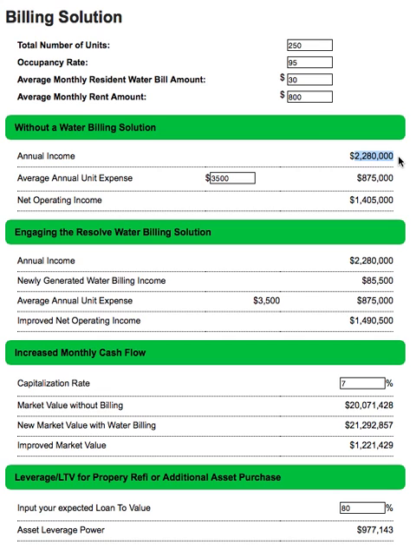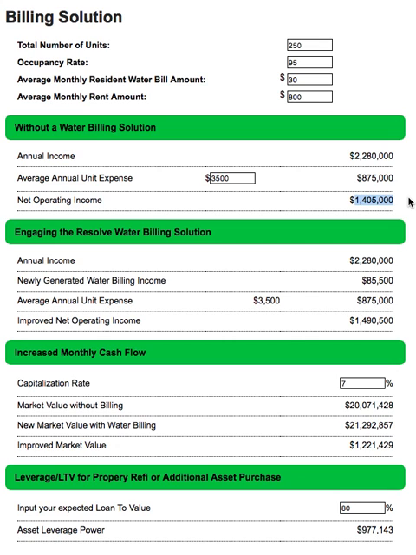Now, an average annual unit expense, which includes everything from cleaning, marketing, staff cost, everything, what we've seen is that it averages about $3,500 per year per unit. Now, if you have a different number, feel free to go ahead and type that in there. It'll change all your calculations accordingly. And in this case, it's $3,500 per unit. So your net operating income is $1.4 million.